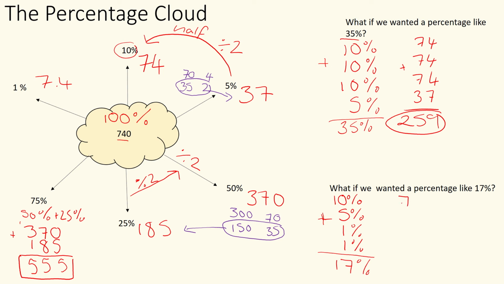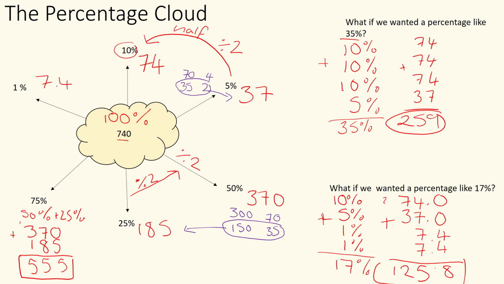So 10% is 74, 5% is 37, 1% is 7.4, so make sure you place this correctly, and 7.4. Since they have a decimal point, I'm going to add a 0.0 into those, add them all together, that gives you an 8, that gives you a 25, 2 there, and a 12. So 125.8 is the answer.